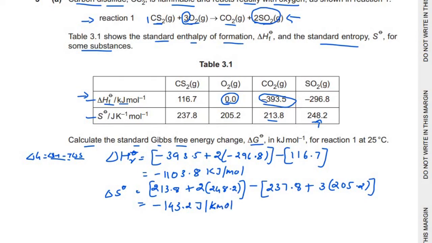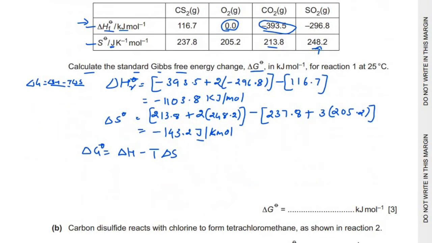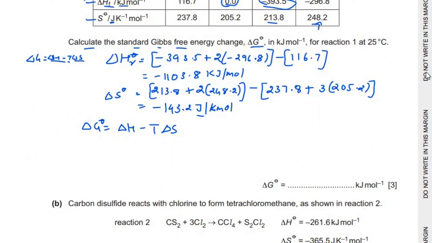So this is how we calculate. Now understand, entropy is in joules and our enthalpy is in kilojoules. So we need to convert the joule into kilojoules when we substitute it for the Gibbs free energy, that is delta G. Delta G is delta H minus T delta S. So let's substitute the values for delta H reaction and entropy change.